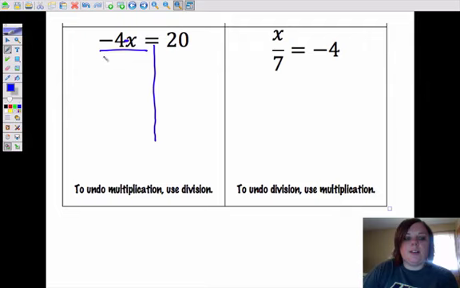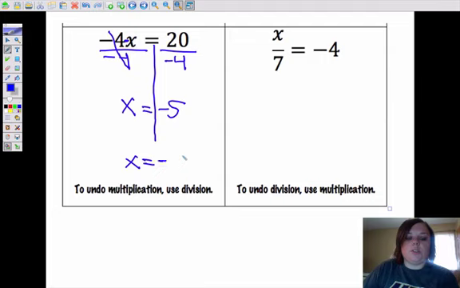So divide by negative 4, okay, this number right here, the coefficient of x, is what that's called. And if I divide by negative 4 on one side, I have to divide by negative 4 on the other side. This negative 4 and this negative 4 will cancel out, and I'm left with x equals 20 divided by negative 4, which would give me negative 5. So my answer: x is equal to negative 5.